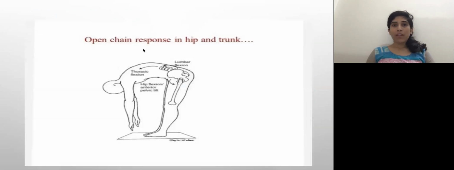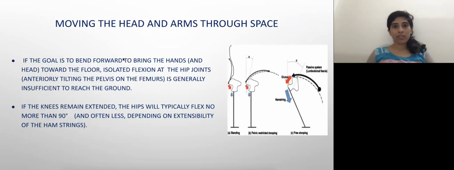Now we'll see one example of lower extremity for open chain response. If we ask the person to move in the forward direction, just trying to touch near the floor, if the person is doing only the hip flexion, that is insufficient to reach in the forward direction.